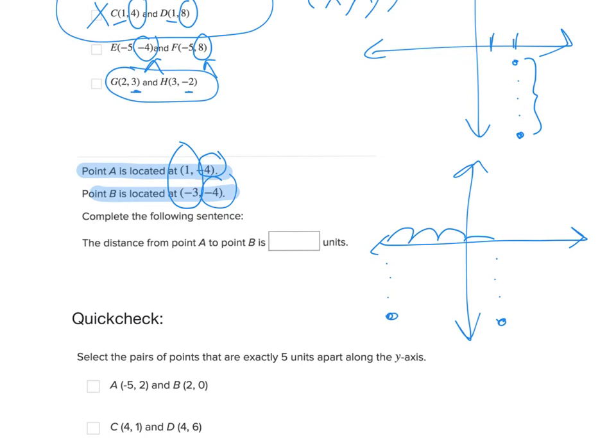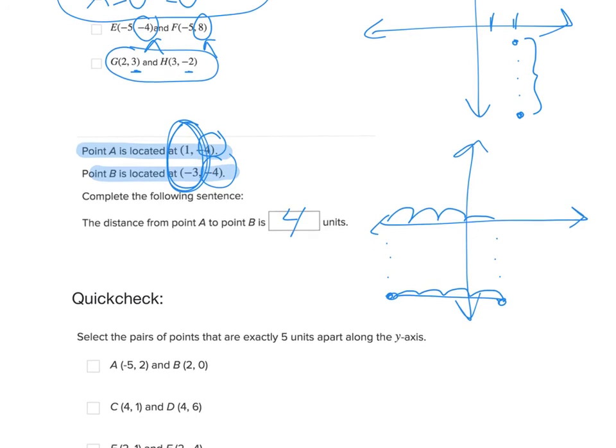So my points would be right here. So you can see that they are 1, 2, 3, 4 apart. It's the x-axis that tells us there's 4 spaces from 1 to -3. So they are 4 units apart. That's the answer.